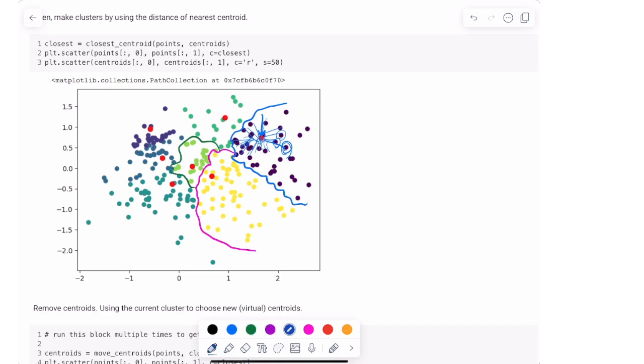In this way, you can partition all the 143 data points into 7 different clusters, because you chose 7 different red points randomly in the first place. But that is just an initial process.